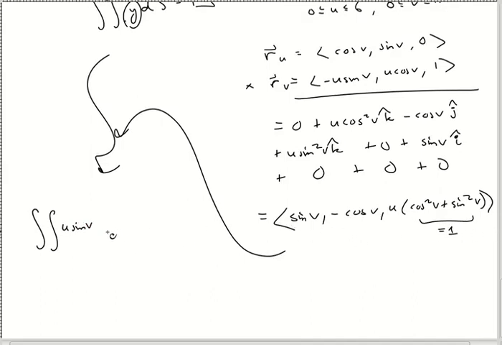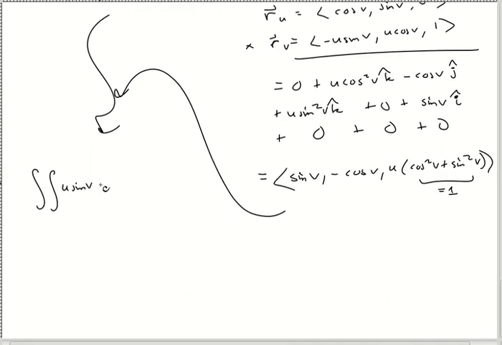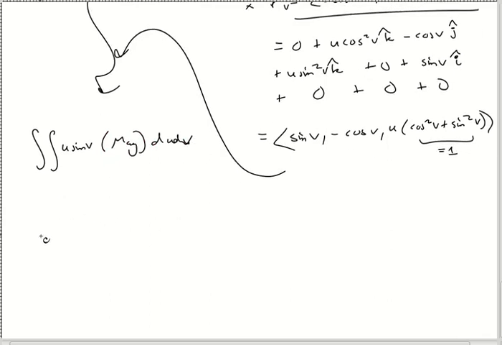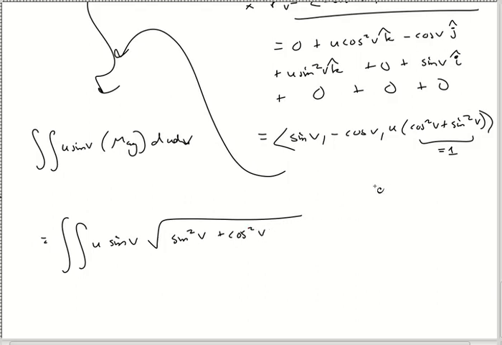So let me get a little bit more room. I'm going to just say times the magnitude here, du dv. Okay, here, let's get that horizontal room that I need. So square root of the magnitude here. I've got sine squared v plus cosine squared v. And then this is just, again, 1 times u.